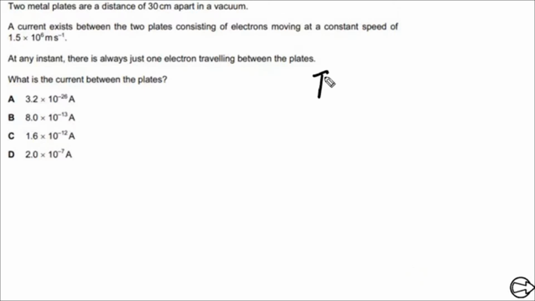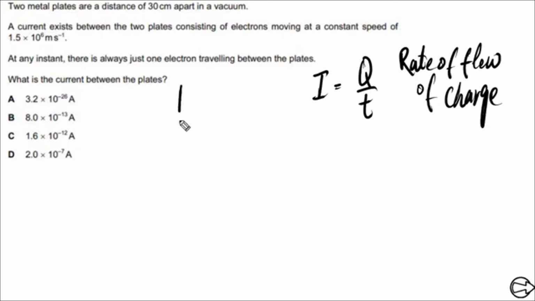For this question, we simply need to find I, and we understand I is equal to Q over T, or we can say current is equal to the rate of flow of charge. There are two plates and the separation between them is 30 centimeters, or 0.3 meters.